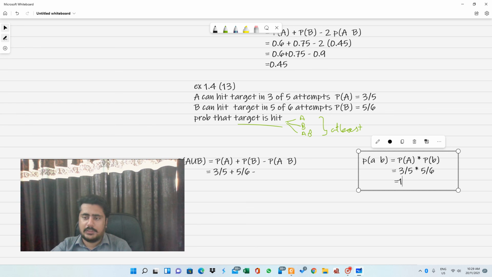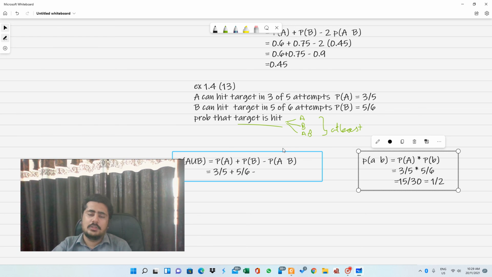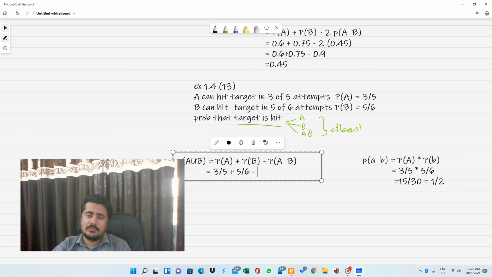So it is 15 upon 30. 3 fives are 15, 5 sixes are 30, which is nothing but 1 upon 2. Now this is my intersection.